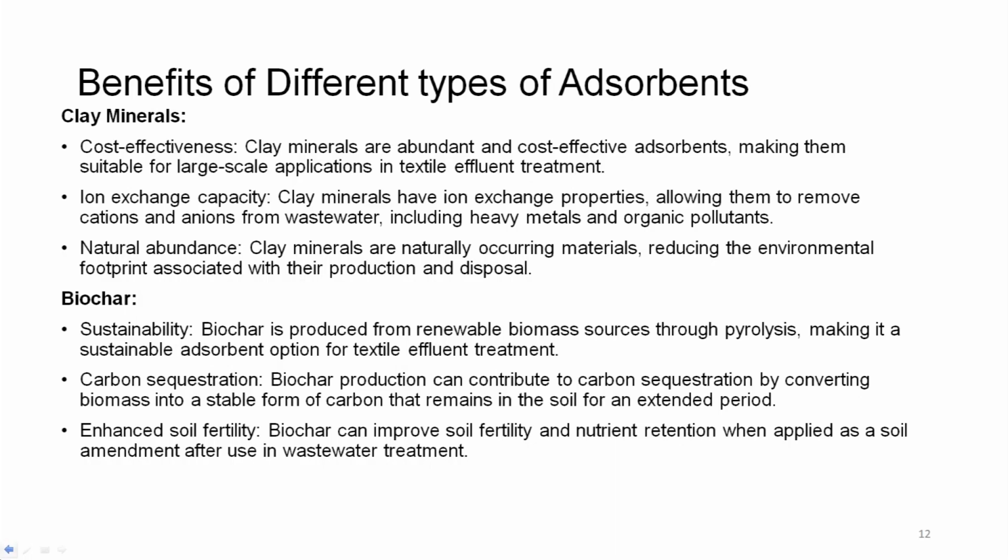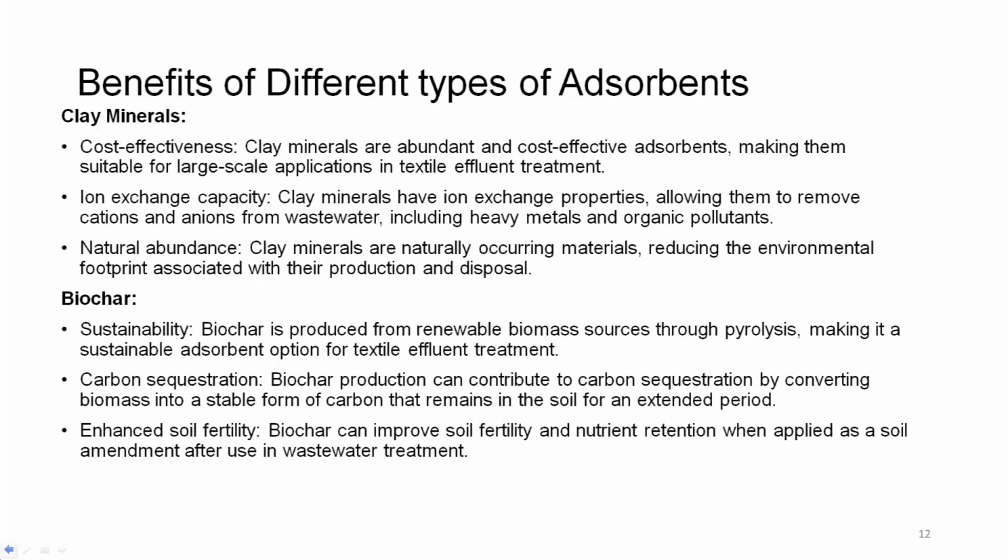Biochar. Sustainability. Biochar is produced from renewable biomass sources through pyrolysis, making it a sustainable adsorbent option for textile effluent treatment. Carbon sequestration. Biochar production can contribute to carbon sequestration by converting biomass into a stable form of carbon that remains in the soil for an extended period.